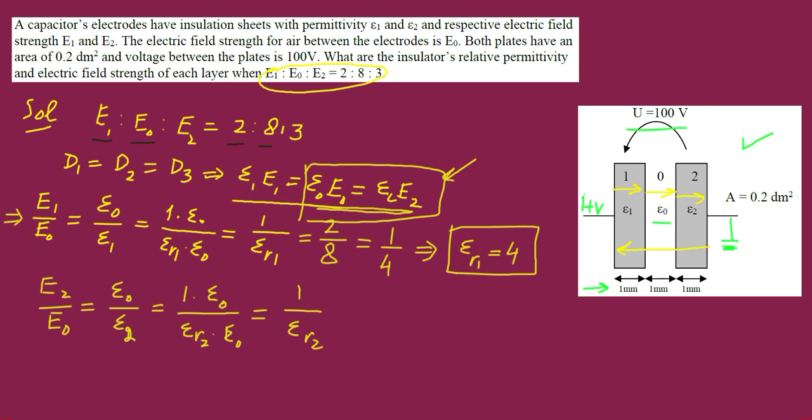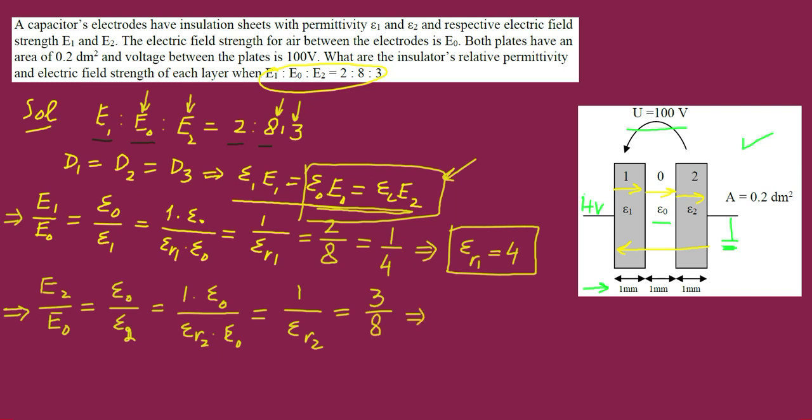From the given ratio, E2 over E naught is equal to 3 over 8.